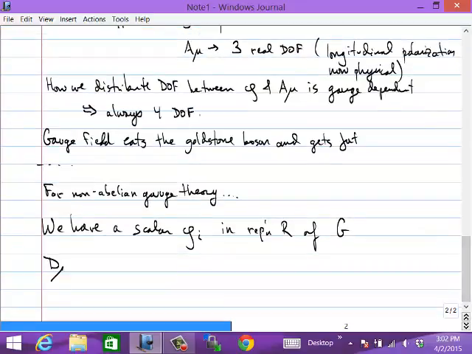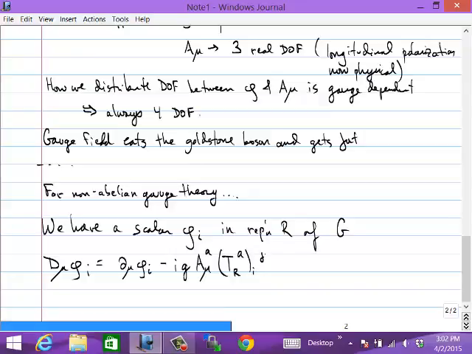Then the gauge covariant derivative is the usual partial derivative plus a covariant derivative term involving the representation matrix in representation R. So here I is an index that labels the fields in this representation.